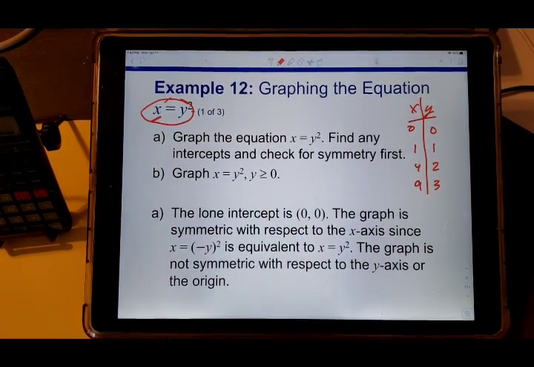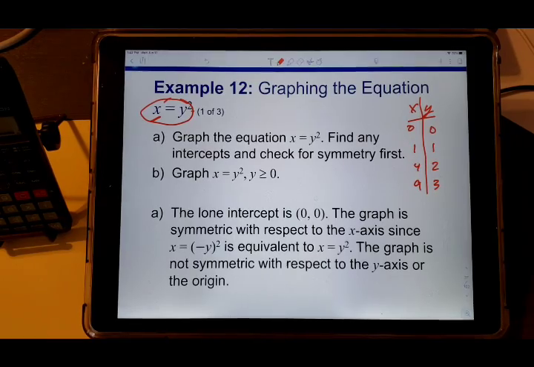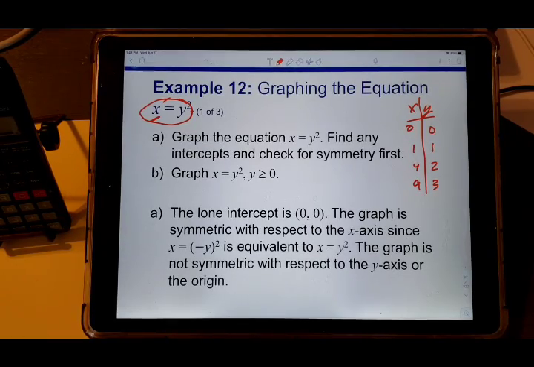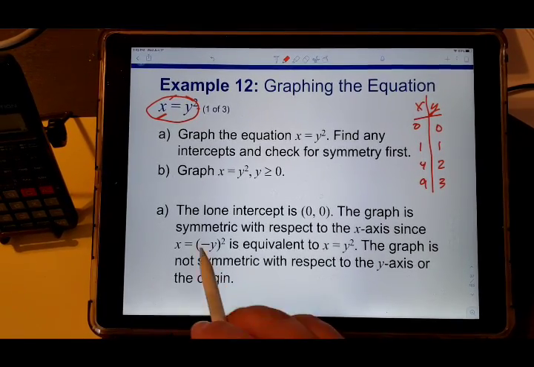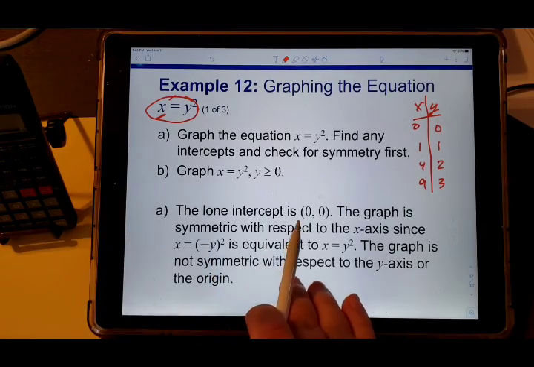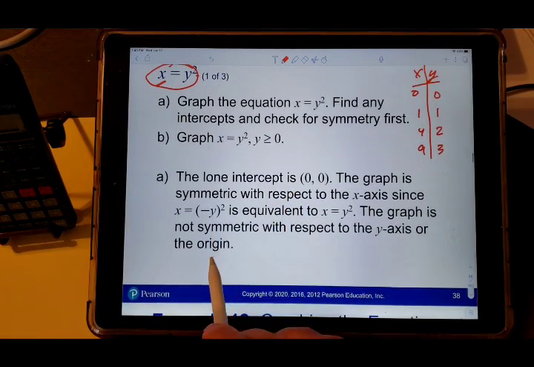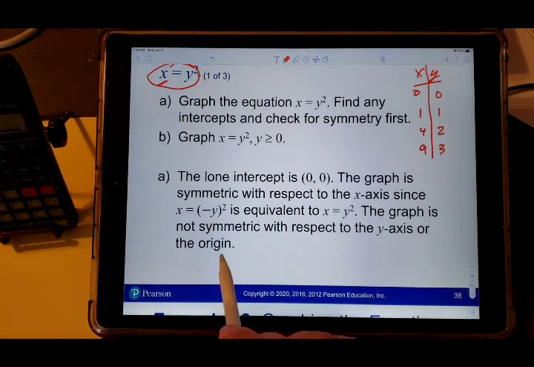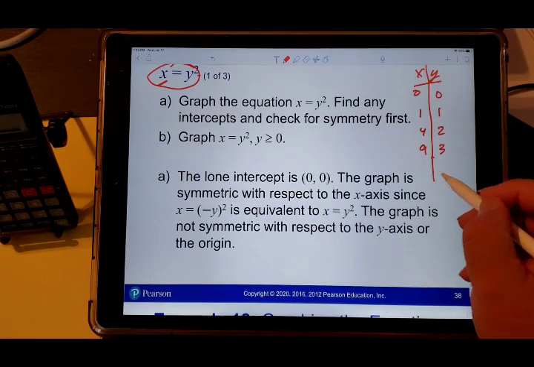Now, I didn't pick negative numbers because I'm trying to play the same game they're playing here. And what they're saying is if you do the test for symmetry, you'll find out that it's symmetrical with respect to the x-axis. So let me go ahead and do this.